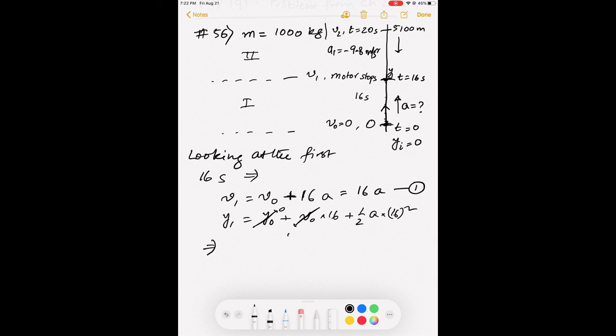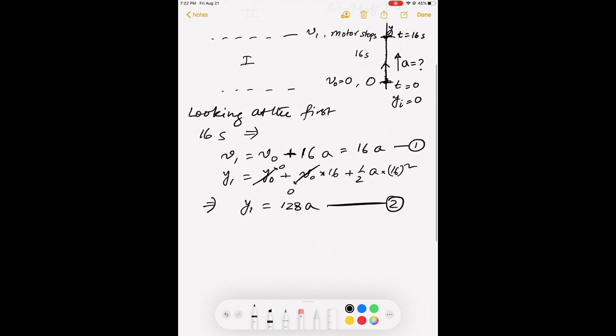Simplifying this, because this is 0 and this is also 0, it will basically become y1 equals 128 times a. So that's our equation number 2.